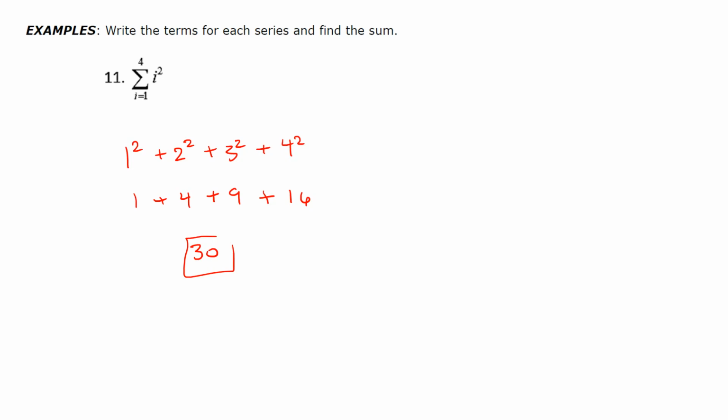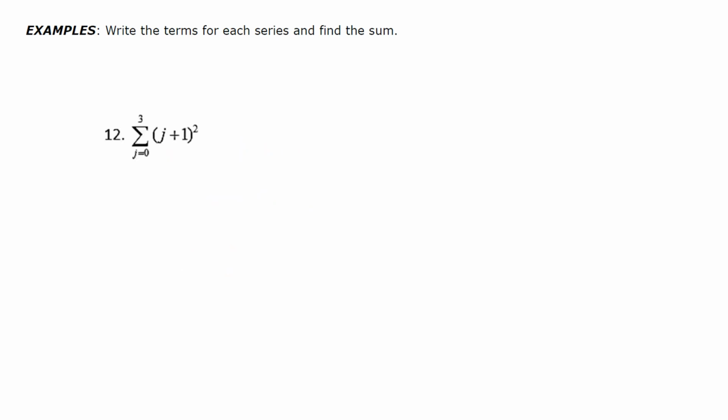Awesome. Let's do 12. So we have j plus 1 squared. So we're going to start at 0 this time for our first term in this series. And we're going to go all the way up to 3. So we'll have 0 plus 1 squared plus 1 plus 1 squared plus 2 plus 1 squared plus 3 plus 1 squared.